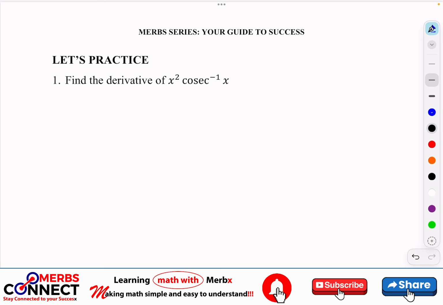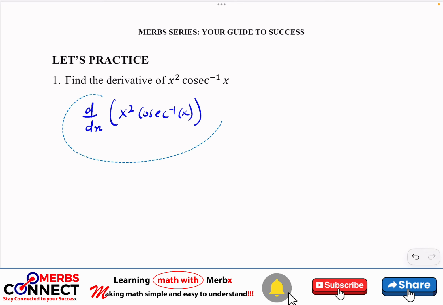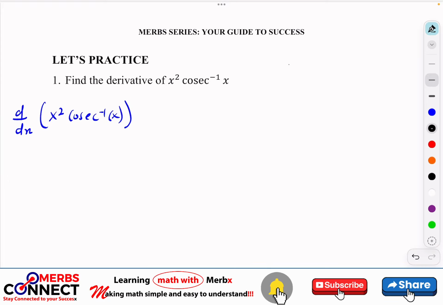Find the derivative of this, another product rule here. Let's enjoy it. x squared cosec inverse of x. So for the product rule, we need to have our a. Let's choose a to be x squared. A prime will be equal to 2x.